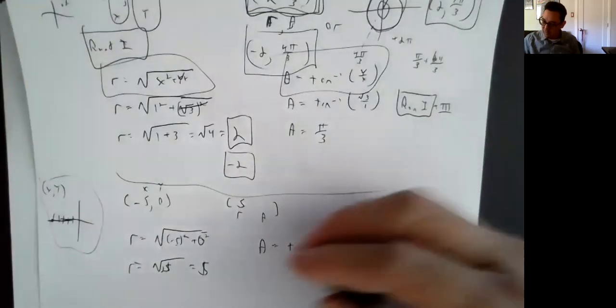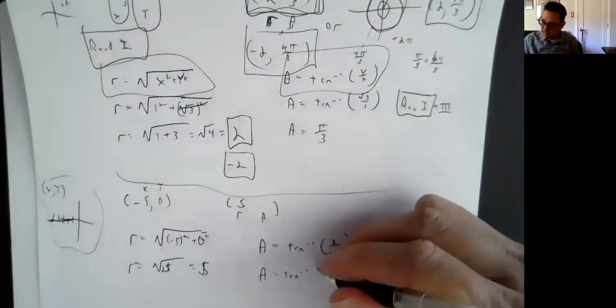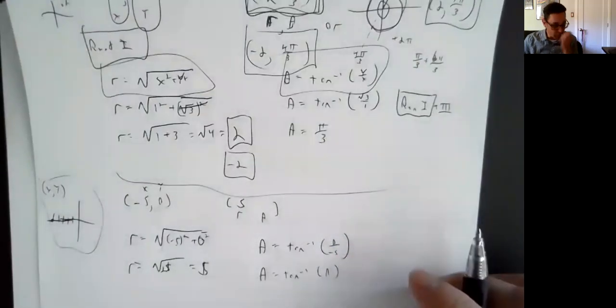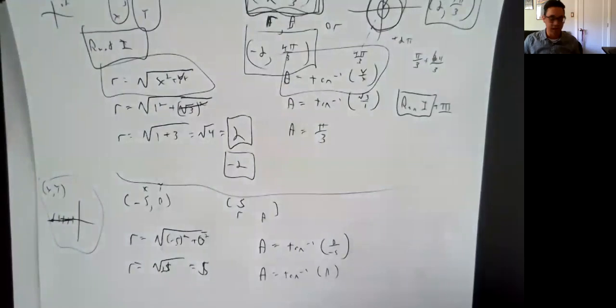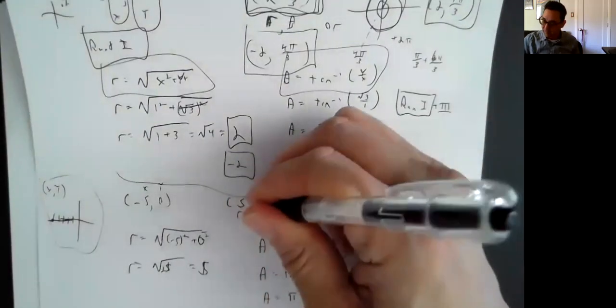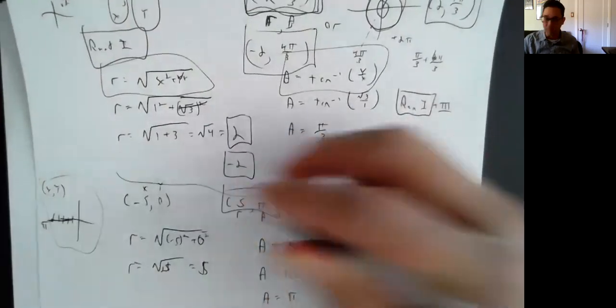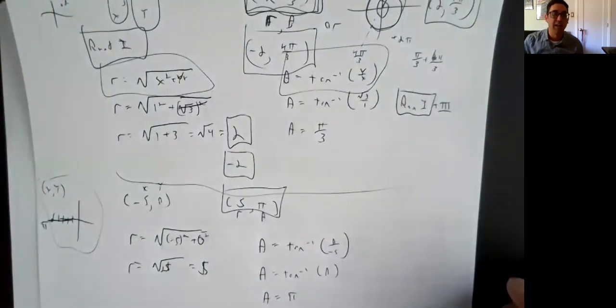Well, that's just the inverse tan of 0 over -5, which reduces to the inverse tan of 0. And where does the inverse tan equal 0? It happens at pi, which is what we suspected, because this is pi. So I'm on the 5th ring at angle pi. So there is your angle. All right, that's not the only way to write it, but that's the main way.